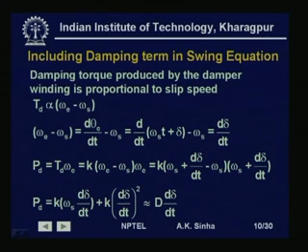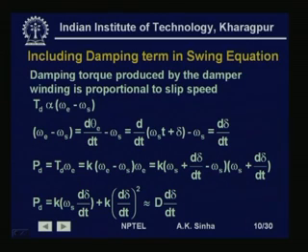Now, d delta by dt will be generally small, the change in the rotor speed from synchronous speed is not very large. Therefore, the term d delta by dt whole square is going to be very small and we can neglect it. So, we can write this as k omega s d delta by dt approximately, and this we generally write as D into d delta by dt, where D is called the damping coefficient of the synchronous machine.